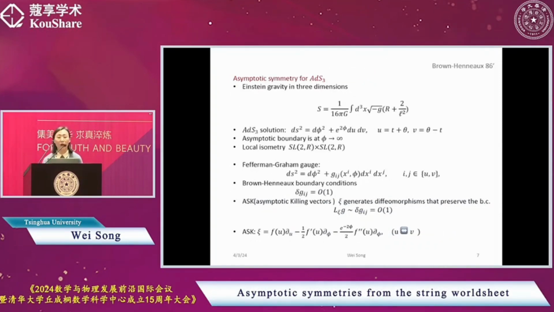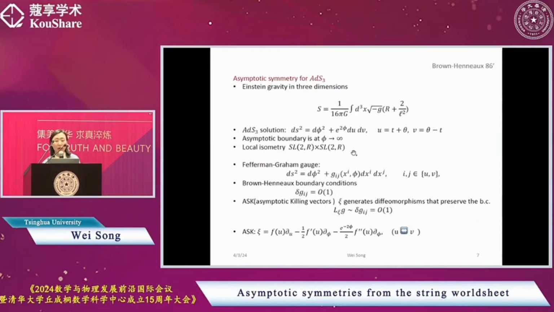Let me focus on this story of AdS3. AdS3 is the solution of Einstein gravity with a negative cosmological constant in 3 dimensions. And here I give an example of AdS3 spacetime. The coordinates are phi, u, and v, where u, v are two light-cone coordinates, and phi is a radial direction.